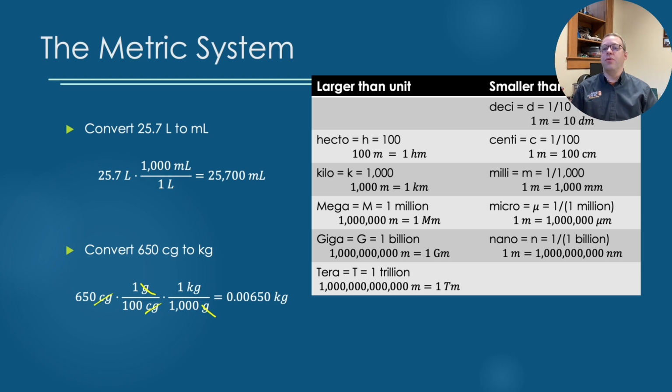Why am I having you go through all of this practice with the metric system? Because as we go through the course, you're going to see these metric prefixes. I need you to understand what they mean. In other words, I need you to know this table. If I talk about a hectopascal, you need to know that hecto means 100, so 1 hectopascal is 100 pascals. We're going to talk about height in kilometers; 1 kilometer is 1,000 meters.